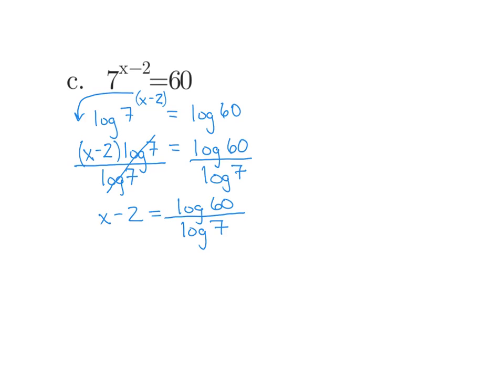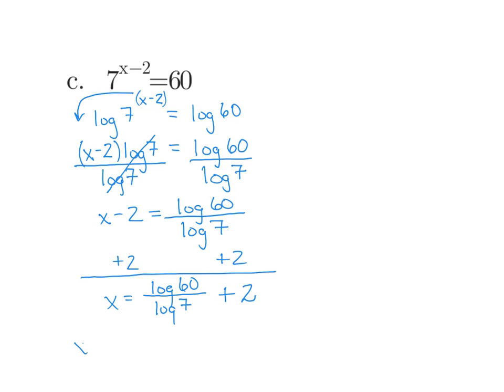From here, if you want to compute this first before continuing, you can do that. But I'm going to go ahead and just add 2 so that I have my exact answer. And it does look nasty. We get x equals log of 60 over log of 7, all of that plus 2.